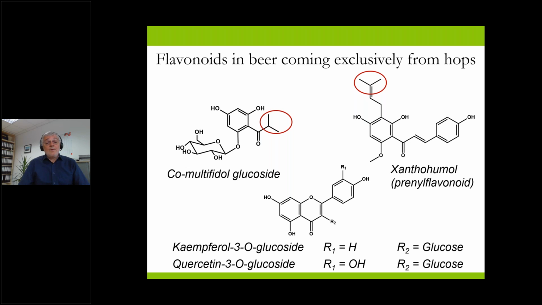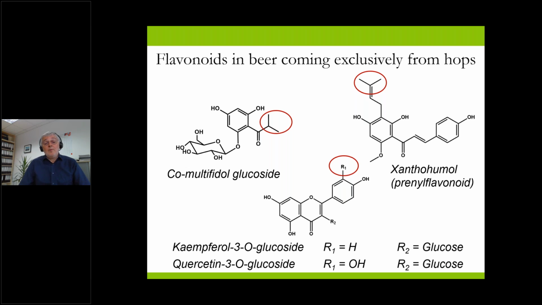The two compounds are very similar. Only the R1 and R2 differ, or only the differences in the R1 side chain. In one case, it's the hydrogen, and in the other one is the alcohol group that you have here. And these compounds are widespread in the plant kingdom, but not present in barley malt, but in hops.